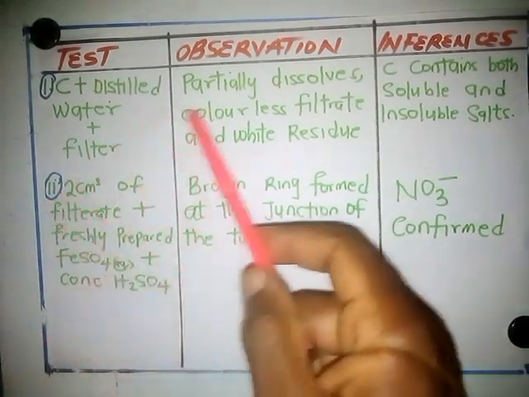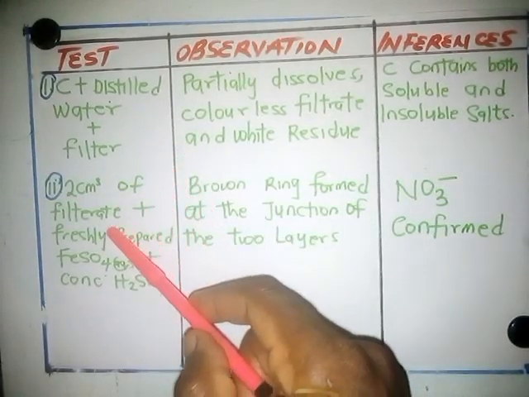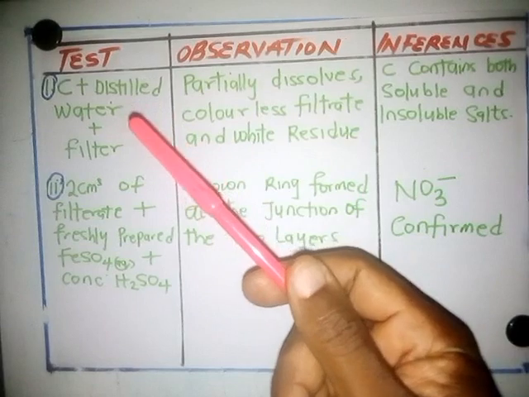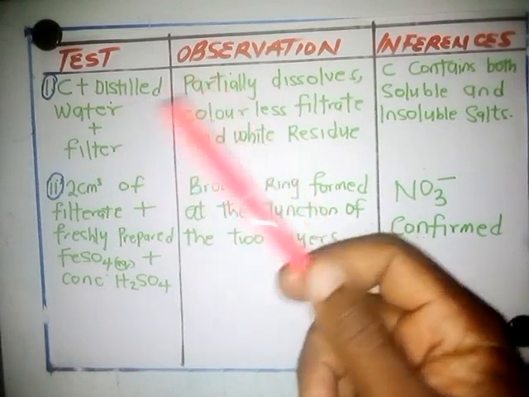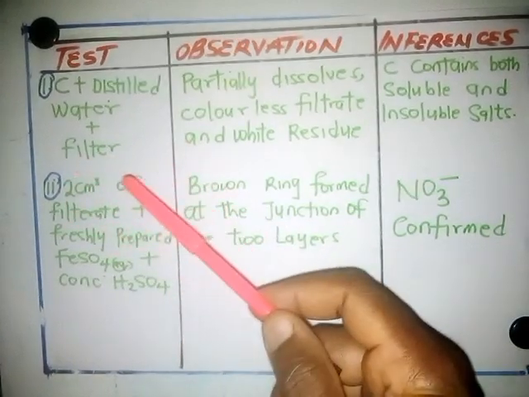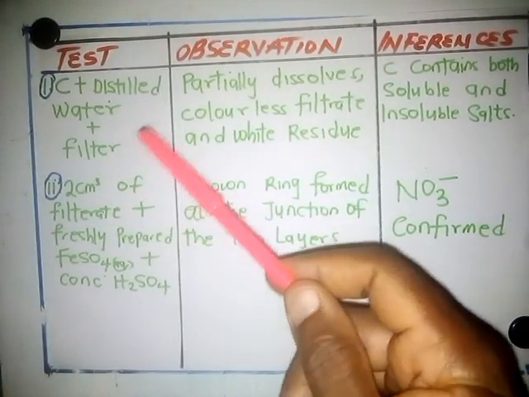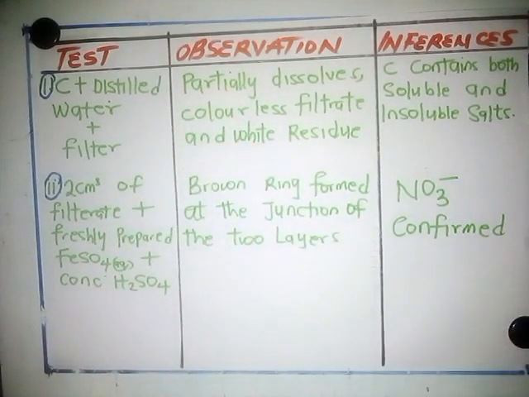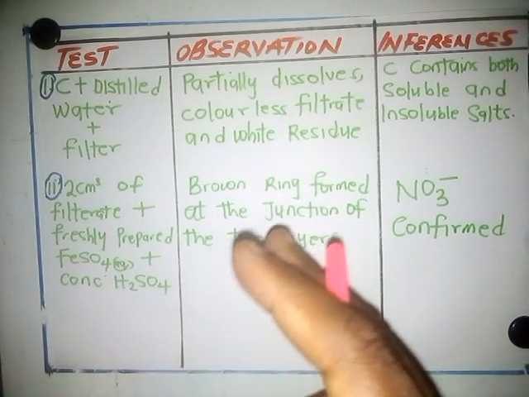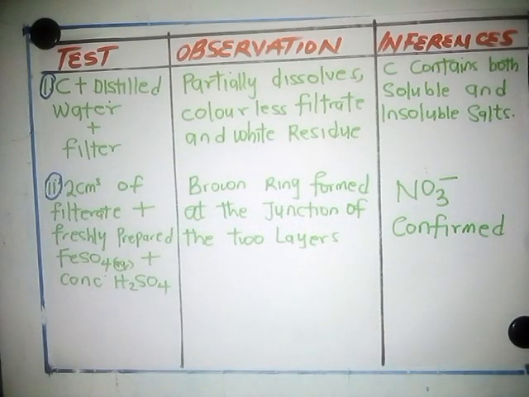The next part, but before this one, just in case they might not ask you, but I'm just imagining they ask. Just in case after this plus filter, they now say you should test the filtrate with litmus paper. You should expect that it has no action on litmus paper because the filtrate is sodium nitrate.